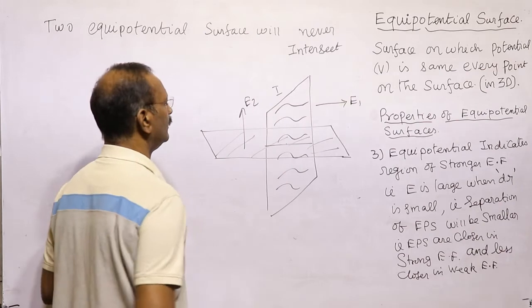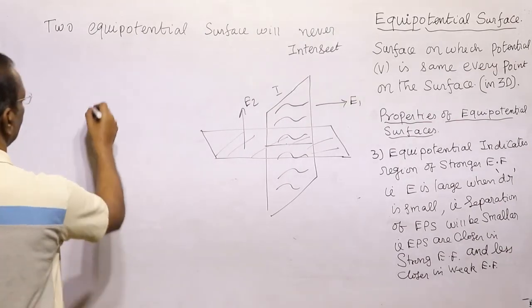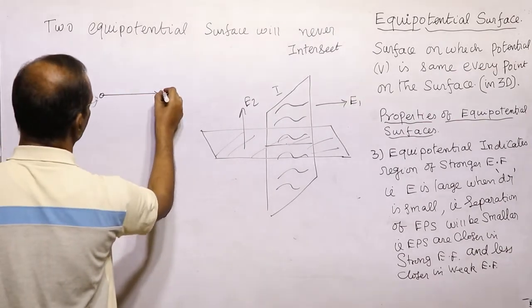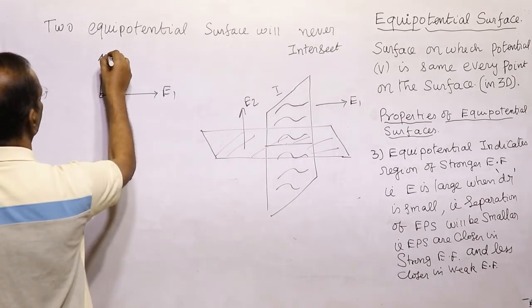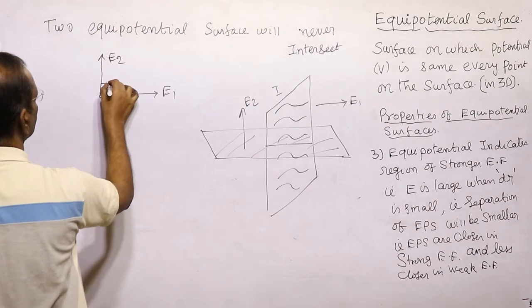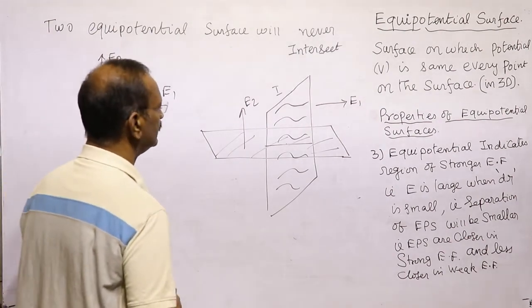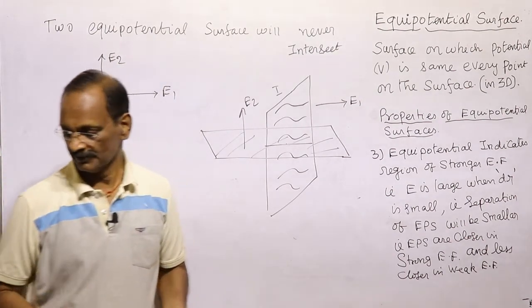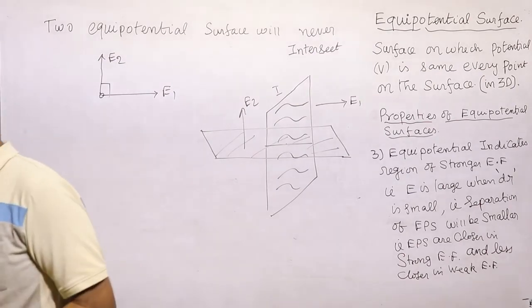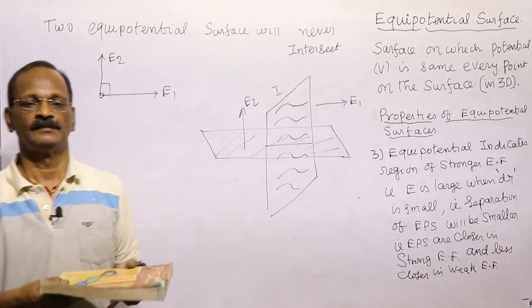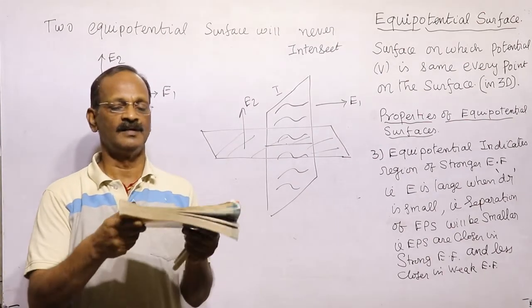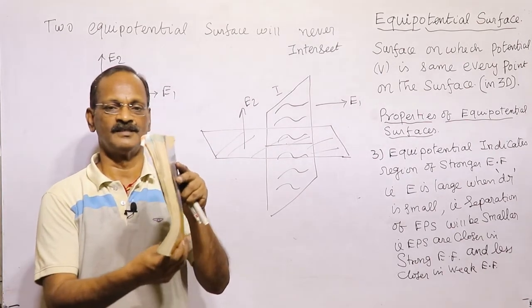E2. So the electric field for equipotential surface 1 is in this direction, and the electric field for the second will be like this. Suppose this is one equipotential surface, and one more equipotential surface.